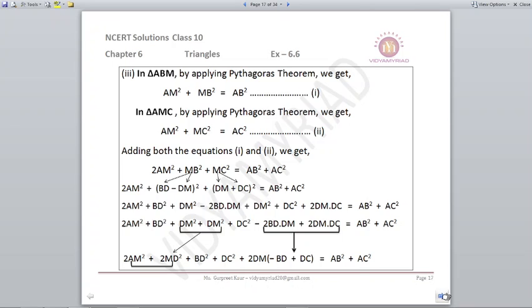DM square plus DM square can be written as twice of MD square, and for the terms with multiplication, I can write twice DM as common, and inside the bracket it becomes minus BD plus DC, equal to AB square plus AC square. So you are rewriting it and putting like terms together for easier handling.